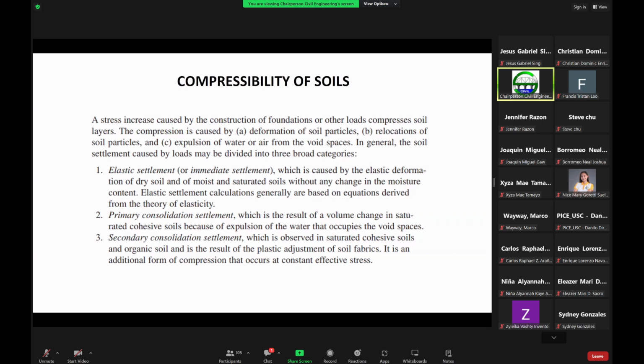Depending on the structure, we can specify different settlement criteria, depending also on the type of foundation.